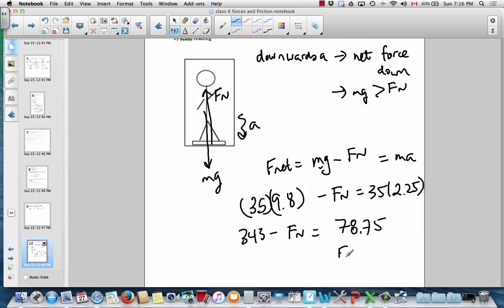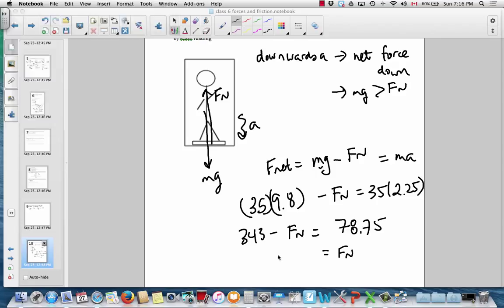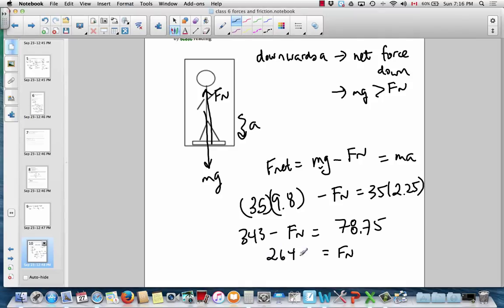So to find the normal force, I'll bring this over here, it becomes positive, and I have to subtract the 78.75 from the 343. And that's 264 newtons. So that would be the scale reading in newtons.